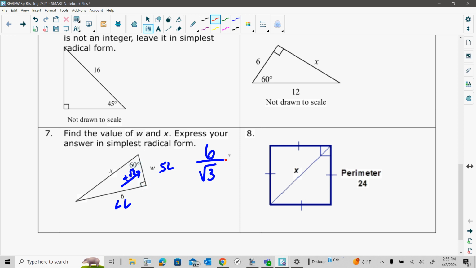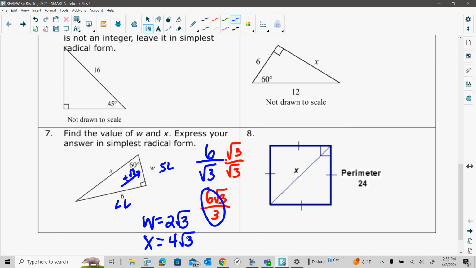We rationalize it and then simplify it if it can be reduced. So this actually turns out to be 6 root 3 over 3. And then I can divide 3 into 6. So the final answer for W is 2 root 3. And the x, which is the hypotenuse, you double this answer. So that would be 4 root 3. We only double what's on the outside.